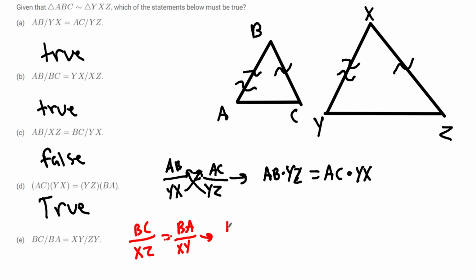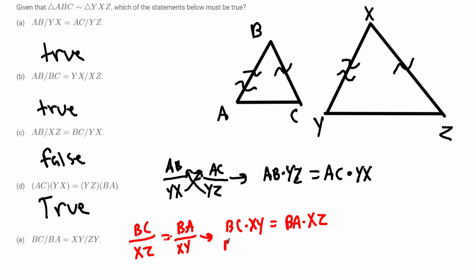Cross multiply: BC times XY equals BA times XZ. And then we can divide both sides out. And so I would divide BA over to the left side.